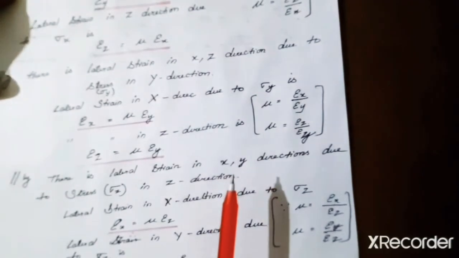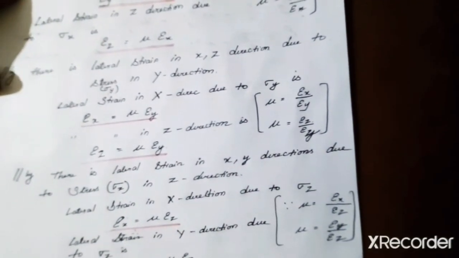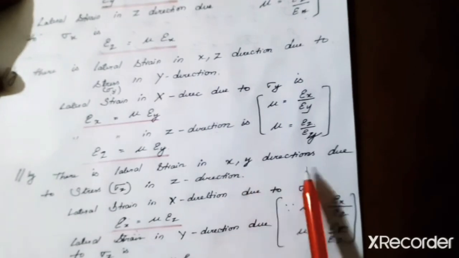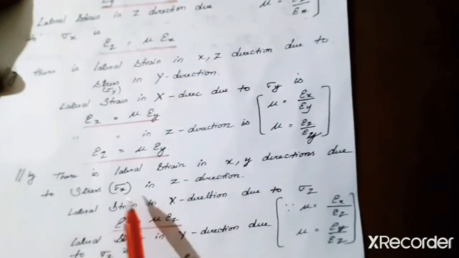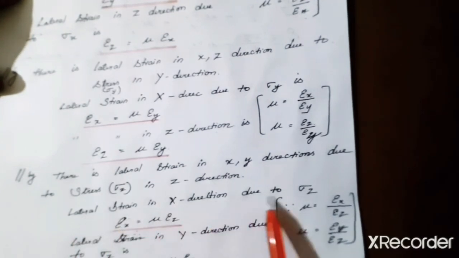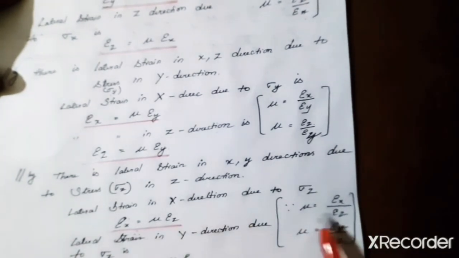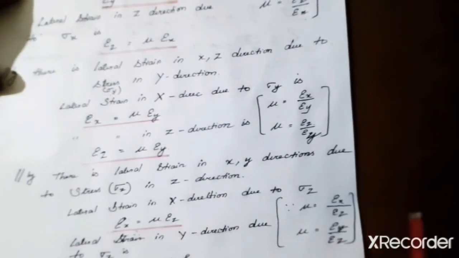Okay, so now if you see here, the third one, similarly, there is a lateral strain in x and y directions due to stress sigma z in z direction. Isn't it right? So lateral strain in x direction due to sigma z. If you want to calculate this, just write the Poisson's ratio equation, right?